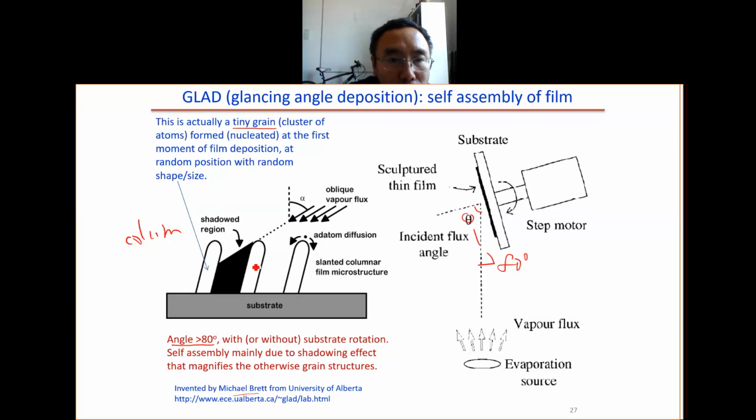So we have these random grains. Then with this deposition, you can imagine we have more deposition on the column and no deposition here. So in the end, this one will grow bigger and bigger, and this will also grow bigger and bigger. So we get a columnar film structure, a slanted columnar film structure in the end, because of this shadow effect.